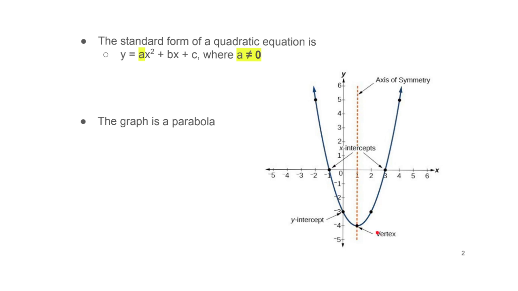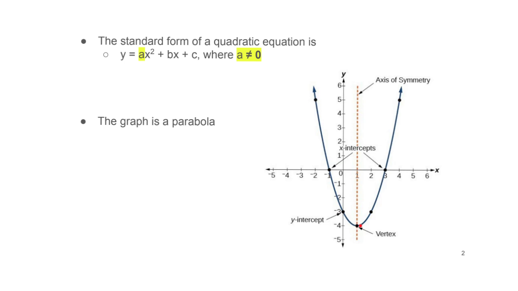The vertex. This is the vertex. So the vertex is the lowest point on this parabola. If you look at this parabola, if we're going up and down, this is the lowest point on the parabola. So the vertex would be 0, negative 4.